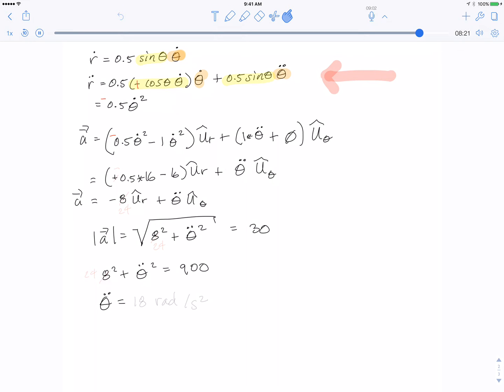And so we have minus 0.5 times 16 minus 16, which makes this minus 24, not minus 8. And so we get 24 squared plus theta double dot squared, 24 squared. And now we get theta double dot is exactly 18 radians per second squared. Somebody thought very hard to make all the numbers come out perfect like that. Okay, that's this problem.